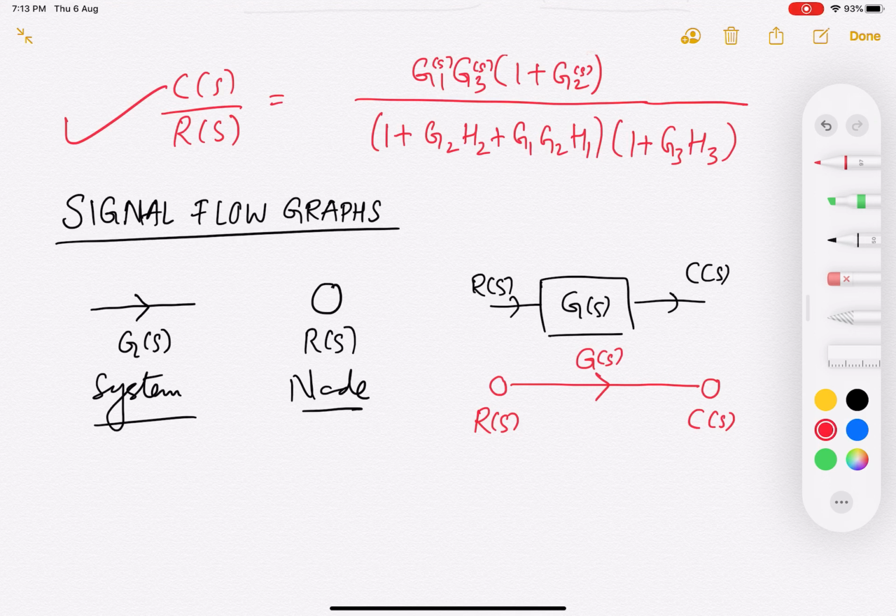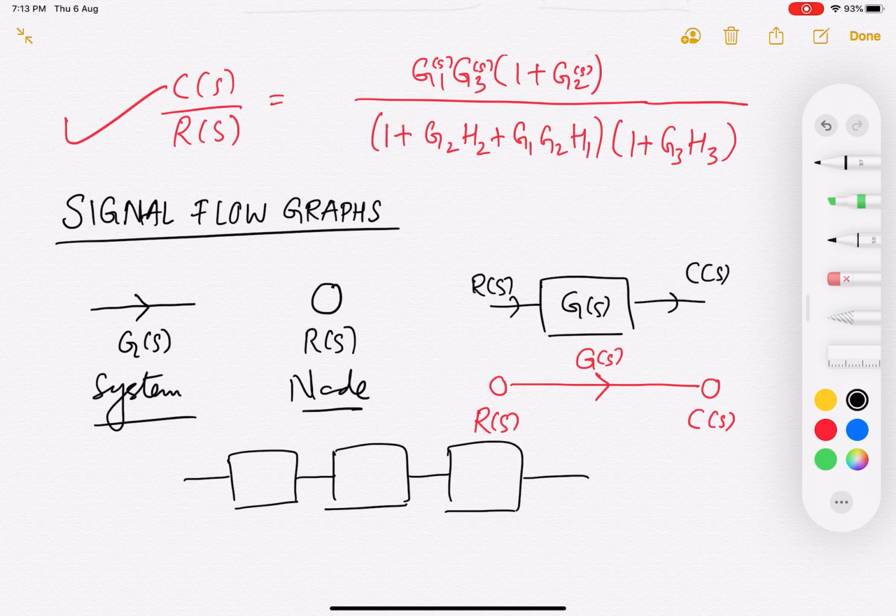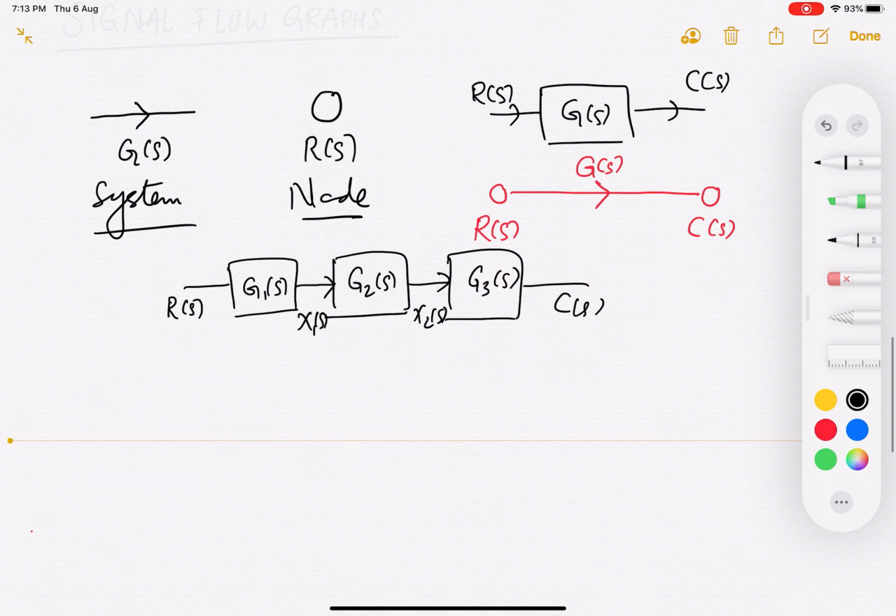In case you have a cascaded system with a number of these blocks put together, G1(s), G2(s), G3(s), with signals R(s), C(s) as the output, and intermediate signals X1(s), X2(s), you'll draw something like this.